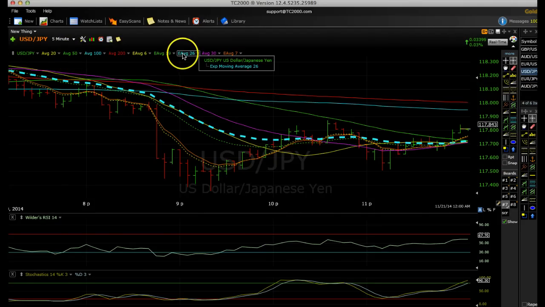I have my 26-day, which is actually my 200-day, and then we have the 30-day moving average, which can actually act as the 200-day and 100-day, but it does play a role in how I trade and what I look for. But the dotted lines definitely for sure.